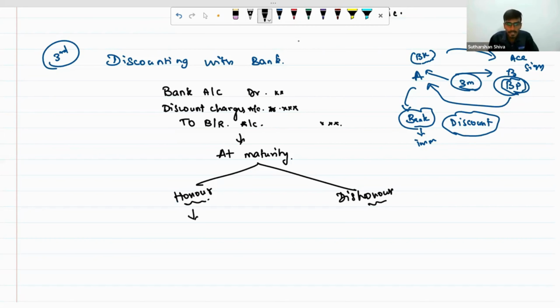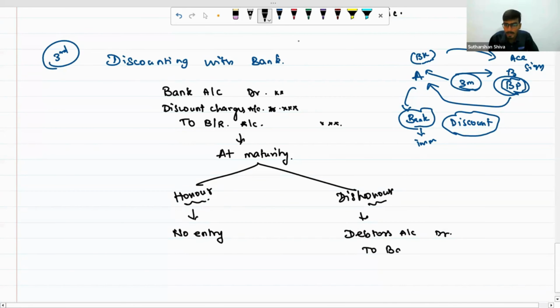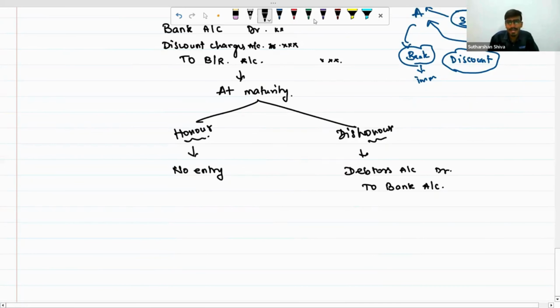The bank will pass the entry, and there will be no entry for me. For dishonoring, the entry is debtors account debit to bank account. And there will be a loss probability.